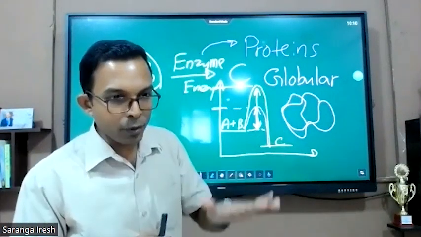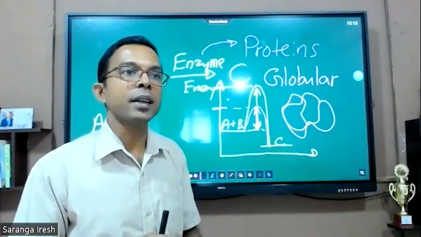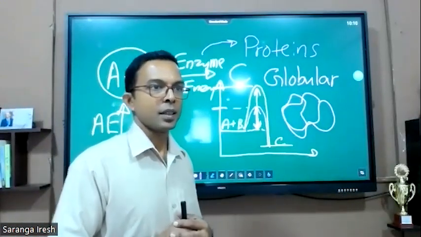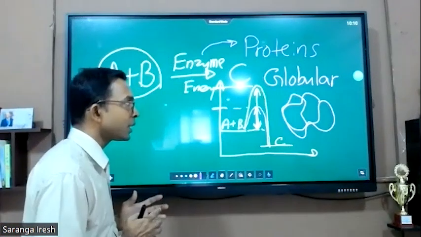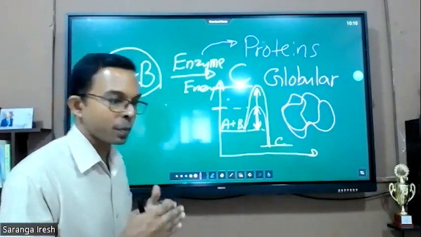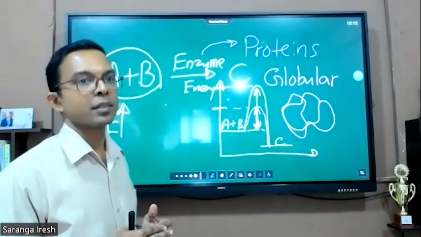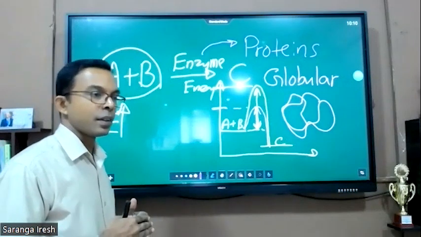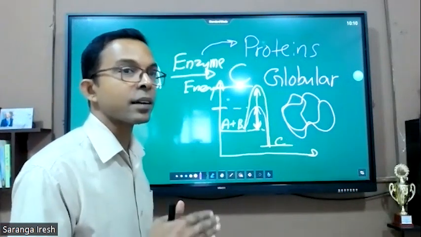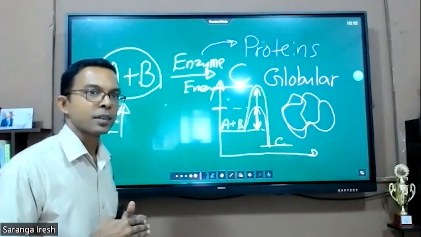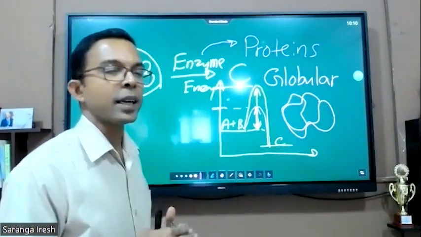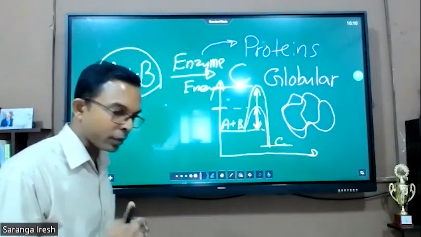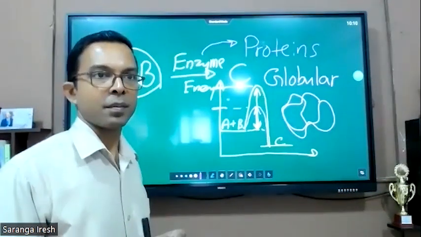Because by reducing the activation energy, it speeds up the reaction. So enzymes are biological catalysts used to speed up particular biochemical reactions. They are globular proteins. They are not reacted during the reaction, so nothing changed in the enzyme after the reaction. They reduce the activation energy of the reaction.